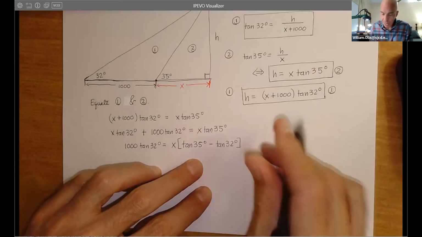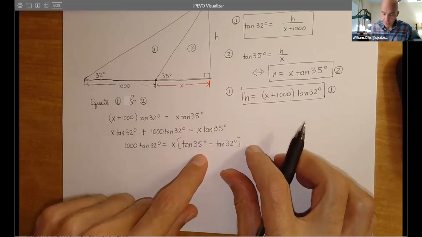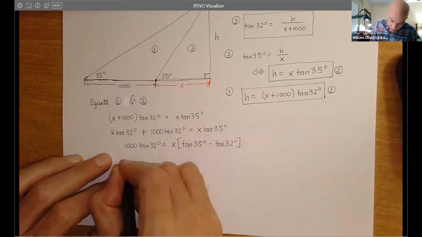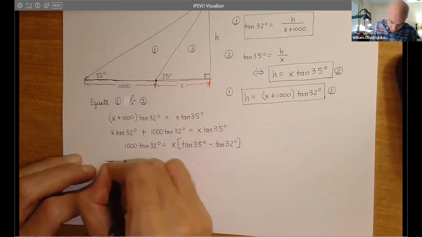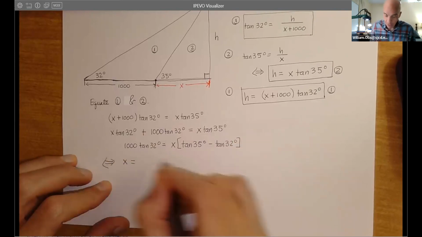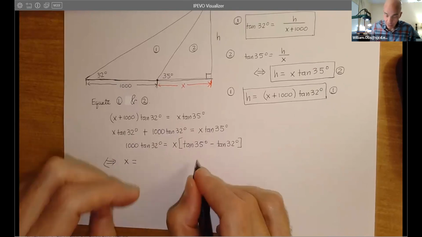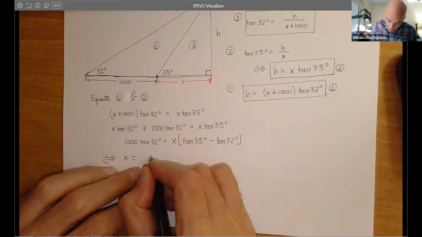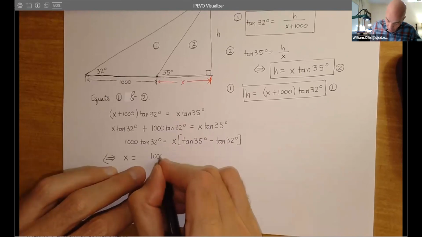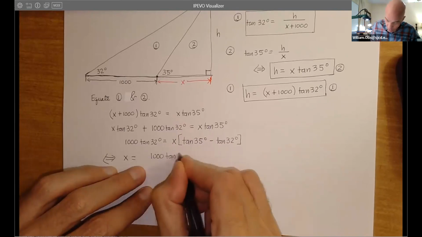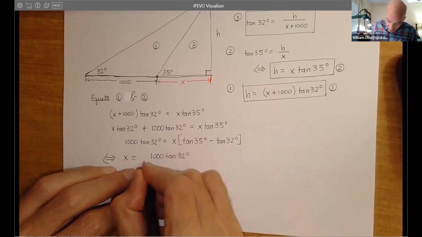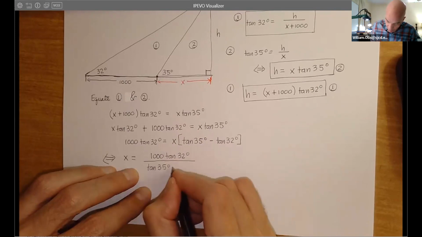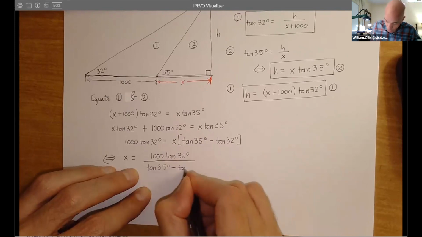Subtract these two terms and factor the X, and now we can get an expression for X. X equals 1,000 tangent of 32 degrees divided by the difference, tangent of 35 degrees minus tangent of 32 degrees.